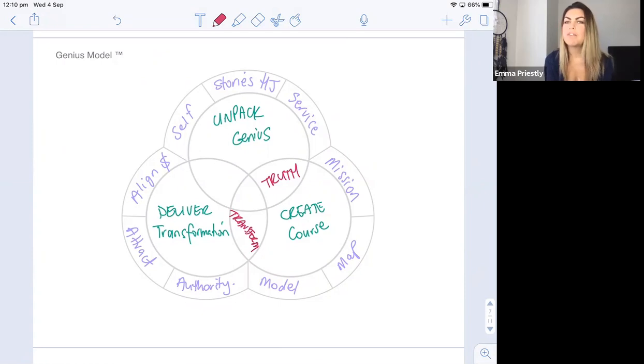Everybody's transforming and everybody's growing. And when you know how to deliver transformation and unpack your genius, this is the transcend piece. So this is where not only do your clients experience transcending their expectations, but you transcend your own.